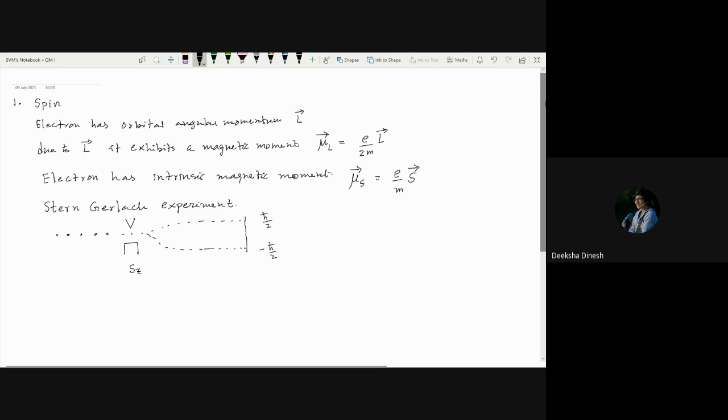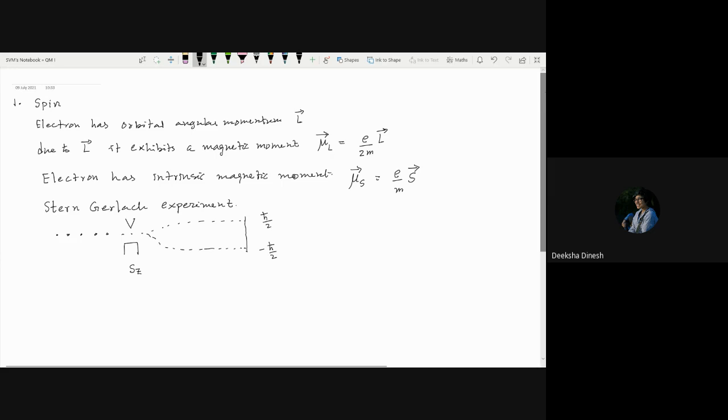If you keep the Stern-Gerlach apparatus along x, then also you will have two values. You choose any direction, there will be two values. This is the experiment which was done by Stern and Gerlach to show the two-valuedness.